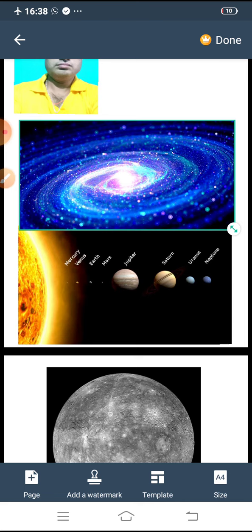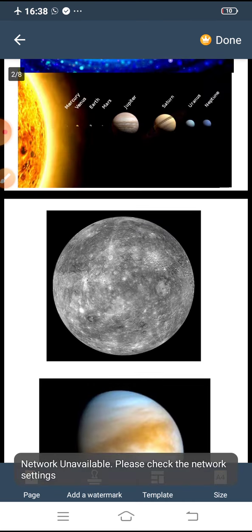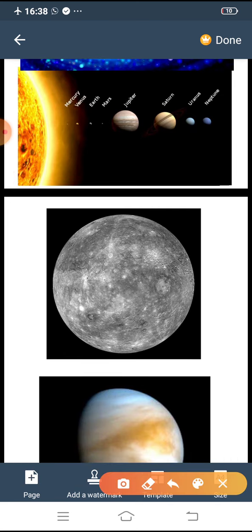Then we will discuss the first planet near the Sun, which is called Mercury. This is Mercury. It is the planet closest to the Sun, at an average distance of 57.9 million kilometers.